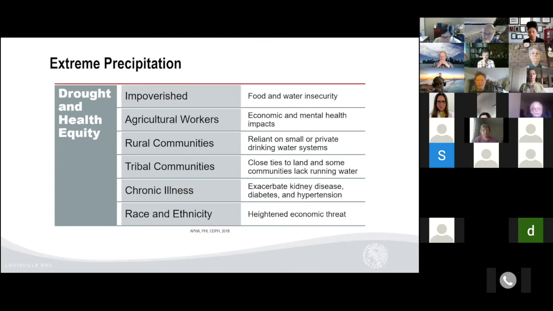Drought further burdens these communities. People with chronic illness like kidney disease, diabetes, and hypertension can be impacted by drought, and certainly race and ethnicities. People of racial and ethnic minority can experience heightened economic threat when it comes to drought as well.